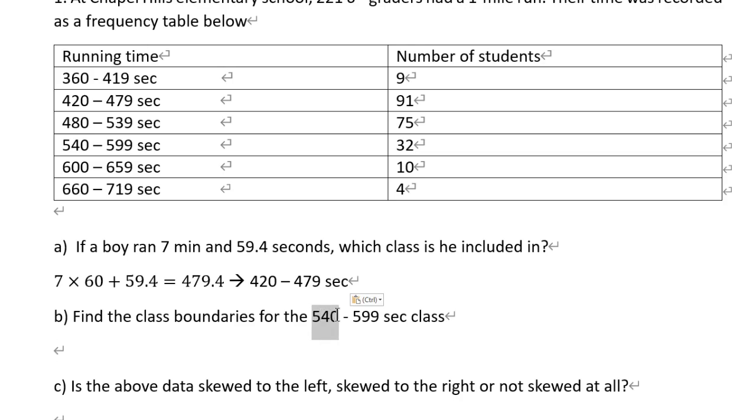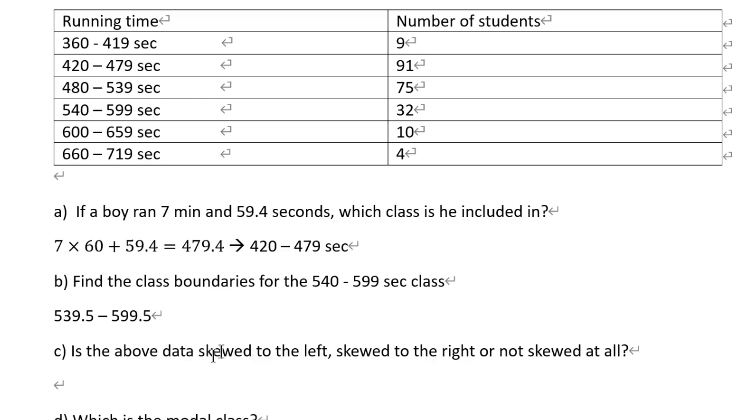So despite the fact that the lower class limit is 540, the number 539.5 could still be classified as this class, and it could go all the way up till 599.5. 599.5 itself will be categorized into 600, but anything slightly smaller than 599.5 would be categorized as this class, so that's why you include up till 0.5. Okay, so that's the class boundary.